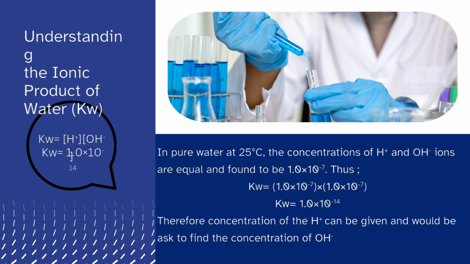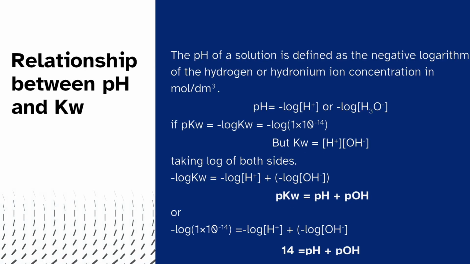Therefore, the concentration of the H can be found and the concentration of OH can be found if any of the concentrations are provided. In further lessons, we get to know that the pH, which we know as the negative logarithm of H ion, and then pOH as the negative logarithm of the OH ion, can replace the ionic product of water, so that the negative logarithm of Kw is equal to the negative logarithm of the OH ion plus the negative logarithm of the H ion.